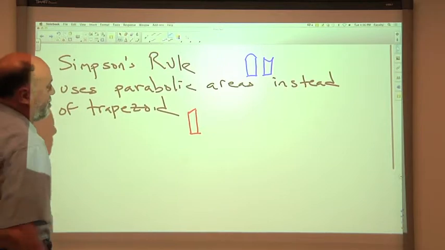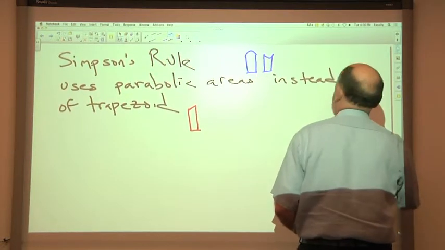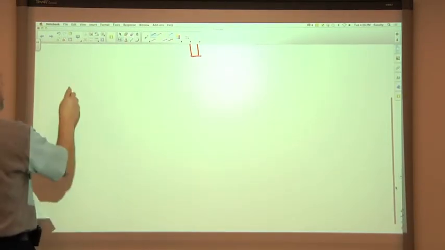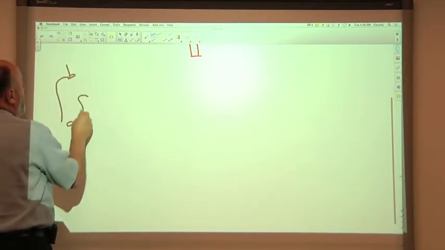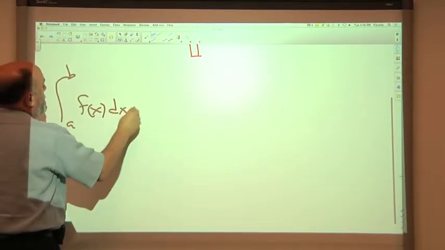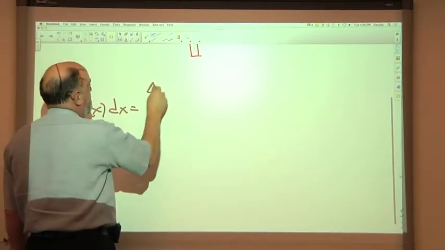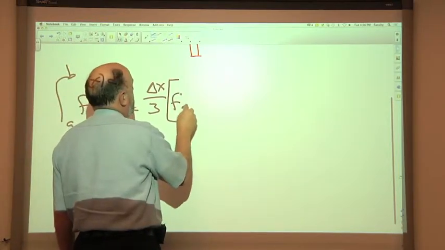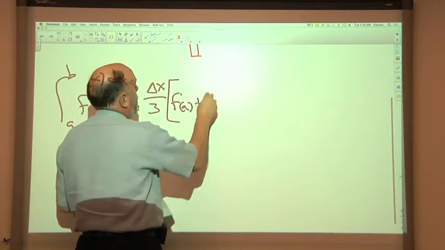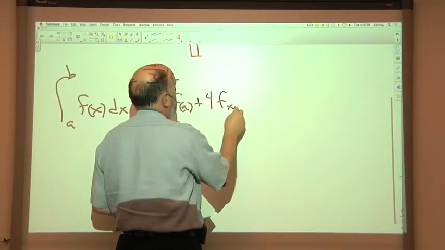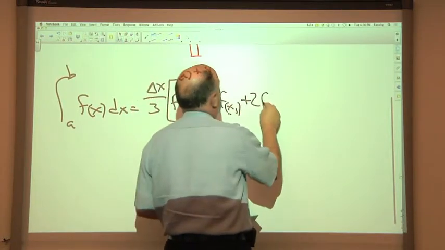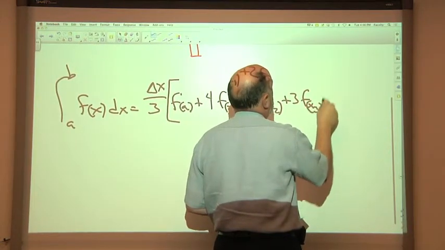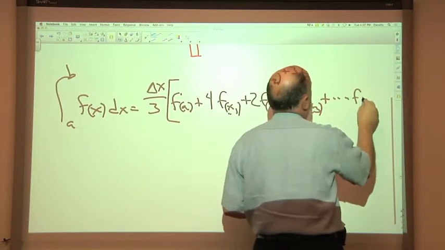And so in terms of the formula for this, again it's the integral from a to b of f of x dx, and now it's delta x over 3 times f of a plus 4 times f of x1, plus 2 times f of x2, plus 4 times f of x3, plus dot dot dot, plus f of b.